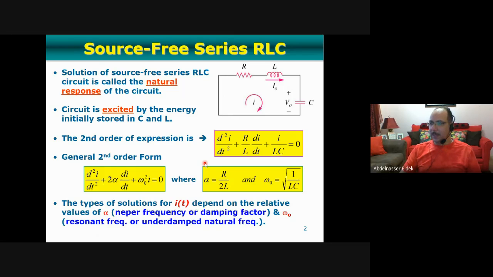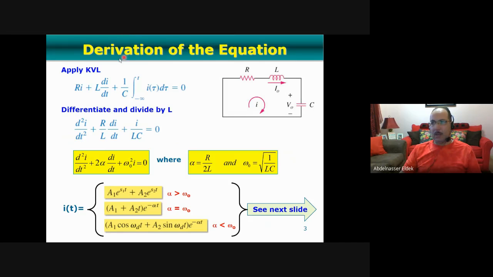So let us see here how we solve this circuit, how we derive the equation. We apply Kirchhoff voltage law, so the voltage across the resistor is I times R, the voltage across the inductor is L di by dt, and the voltage across the capacitor is 1 over C integration of I dt, of course I of tau d tau, upon integration from negative infinity to t.